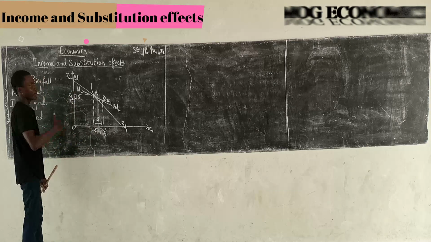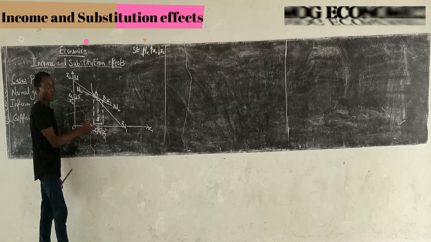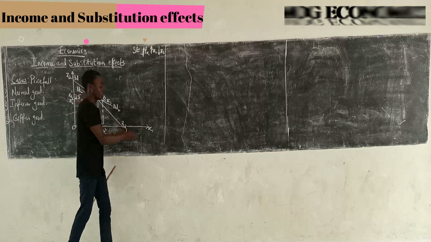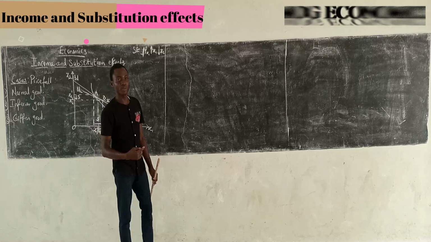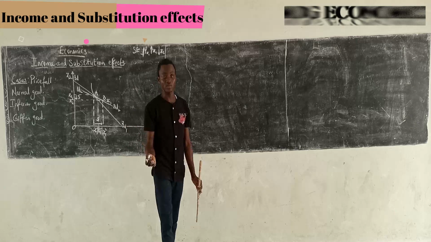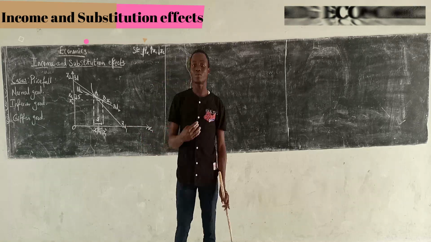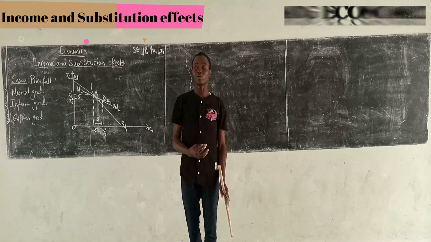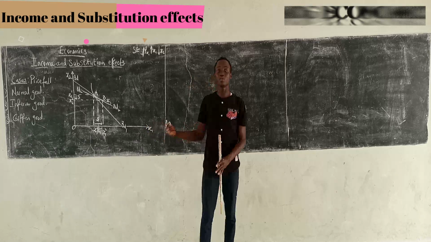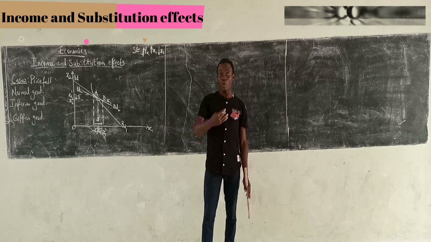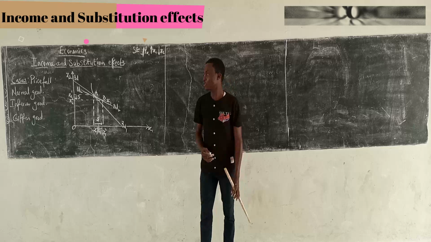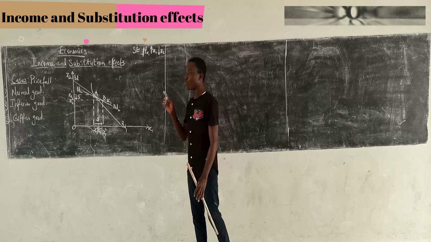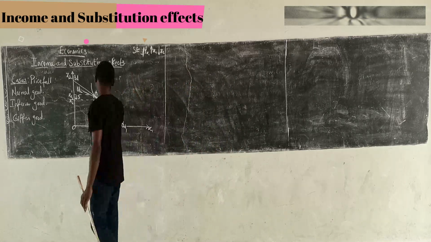Alright, now how about the income effect? When there is a lower price of X1, with other things not changing, it simply means that the consumer has become wealthier. And the income effect will say that since these are normal goods, the consumer should consume more of both goods. So if the consumer is consuming more of both goods, this is point B, right?